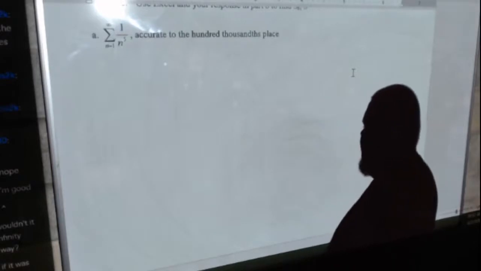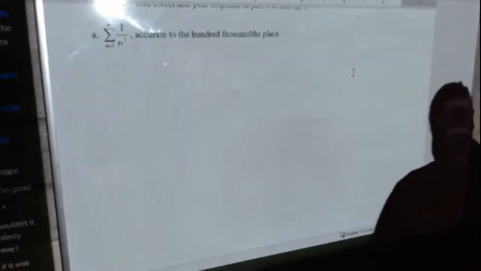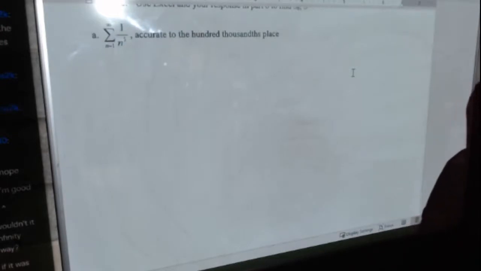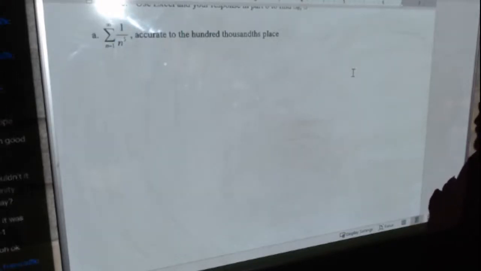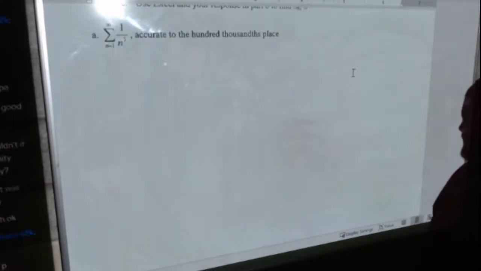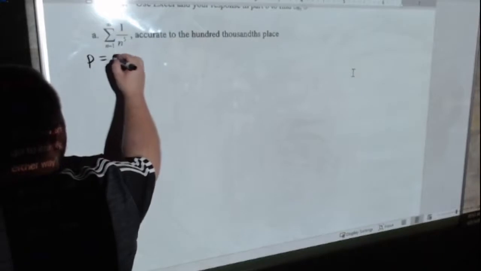So first I've got the sum of 1 over n to the 5th. What kind of series is that, guys? Right, that's a p series, good. So because it's a p series, we can say p equals 5.